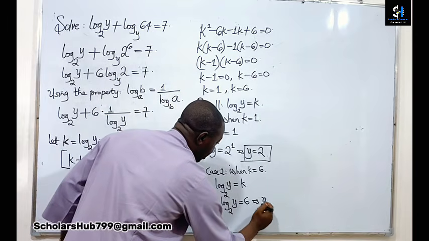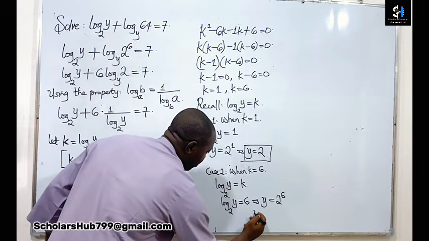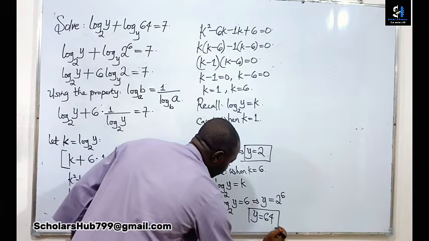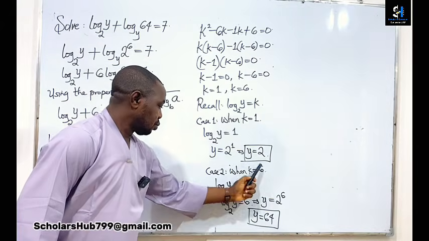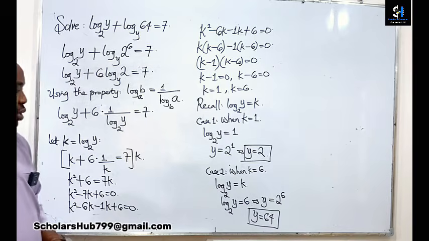And from here we can have that y will be equal to 2 raised to the power of 6, then the value of y will be 64. So the two values of y which satisfy this equation are y equals 2 and y equals 64.